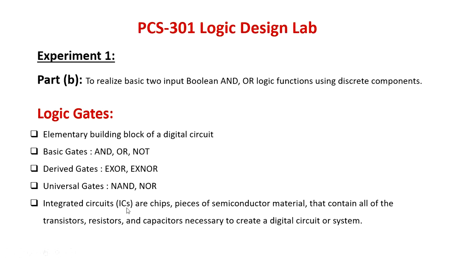An IC is basically a chip, a piece of semiconductor material that contains all of the transistors, resistors and capacitors necessary to create a digital circuit or system. That means we are embedding all the discrete components in a single chip on a single silicon wafer, and we have encapsulated that with a plastic exterior, so we used an integrated chip in the earlier experiment.